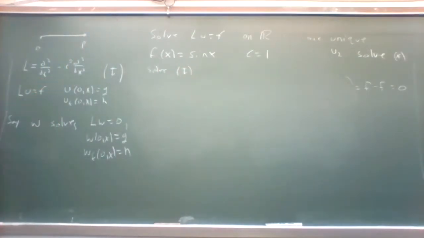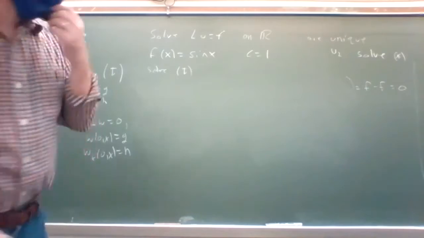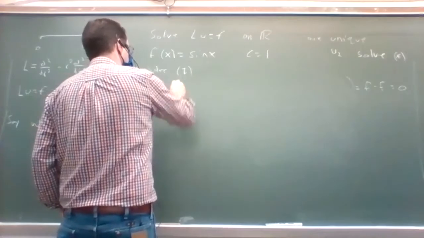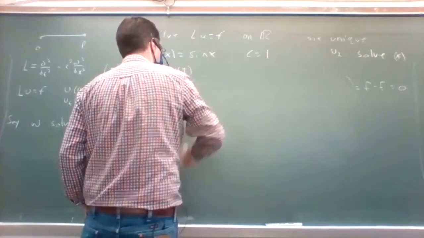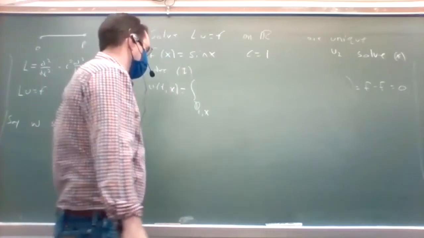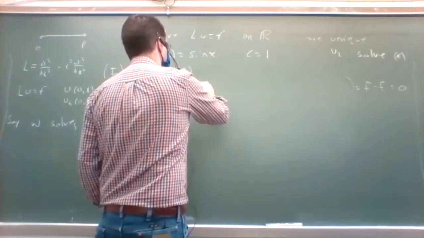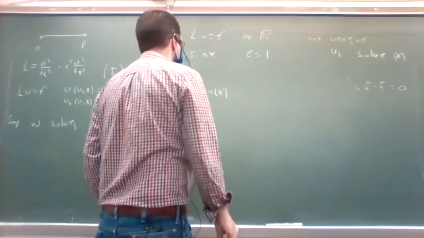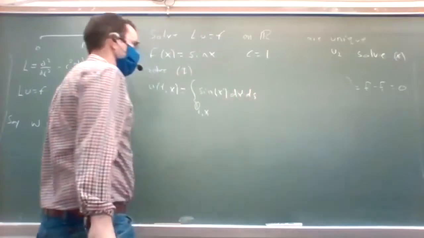And in order to do this, it's really just an integration formula. So in principle, the answer is u(t,x) equals the integral over the domain of dependence for (t,x) of the function sine of x prime, dx prime ds, right?